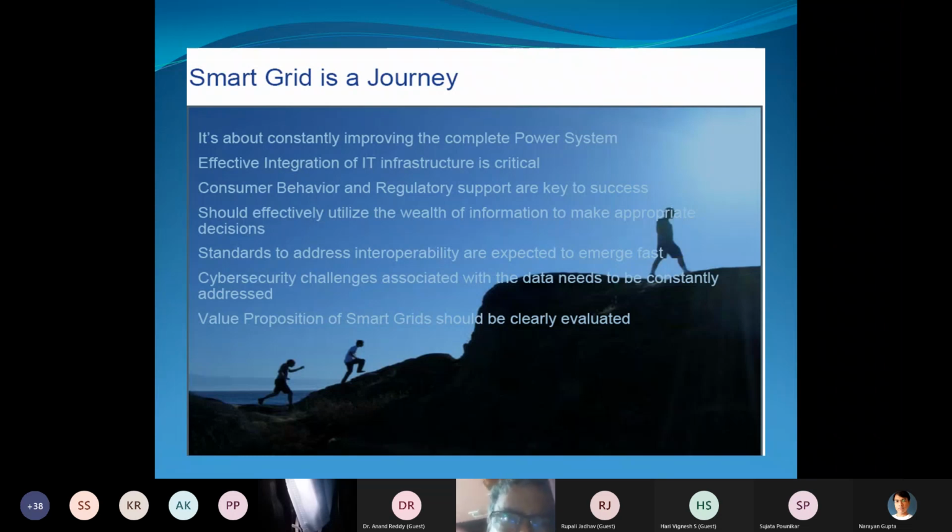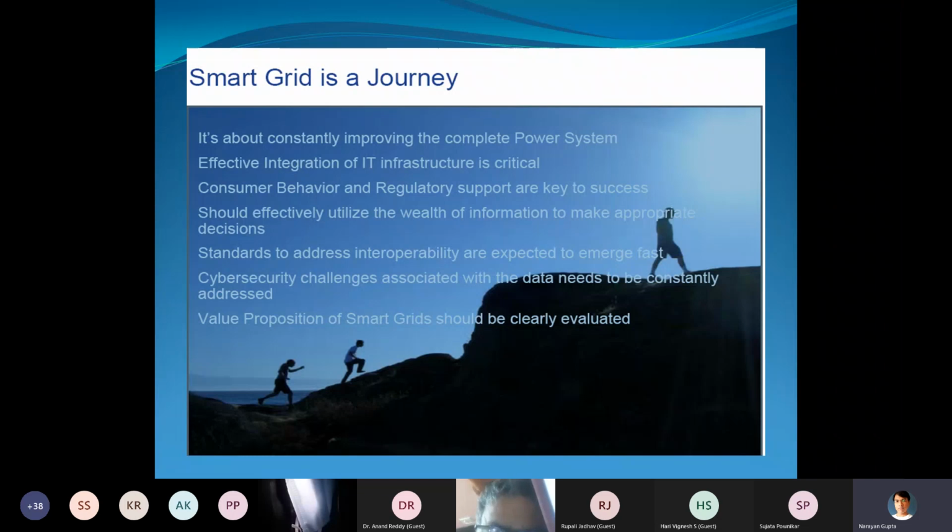Yes, please. Next slide. No slide. Narayan sir.